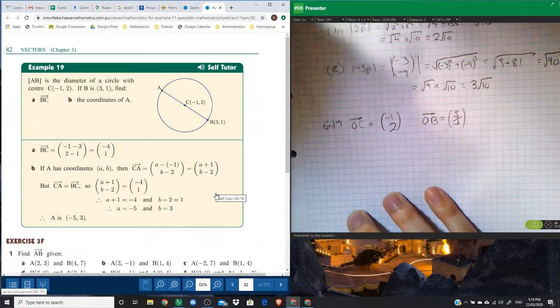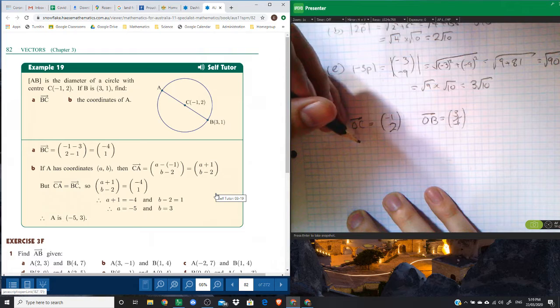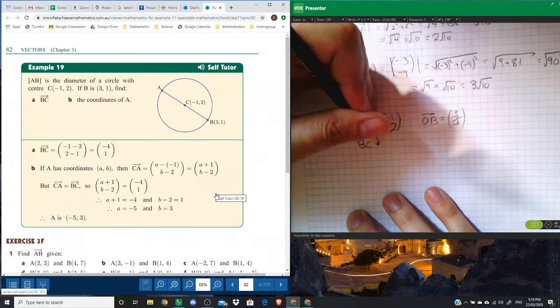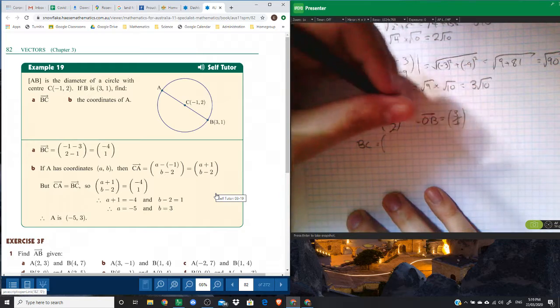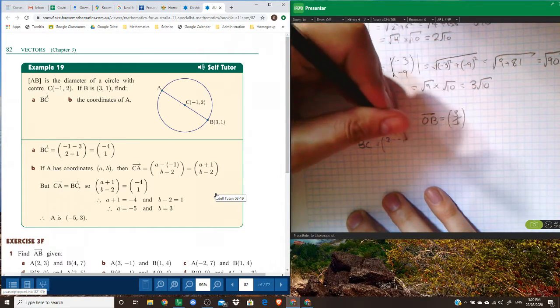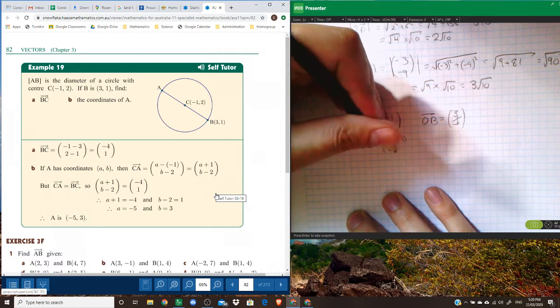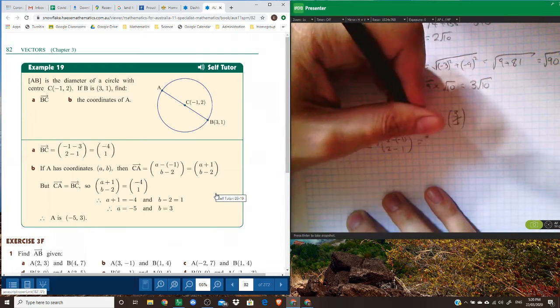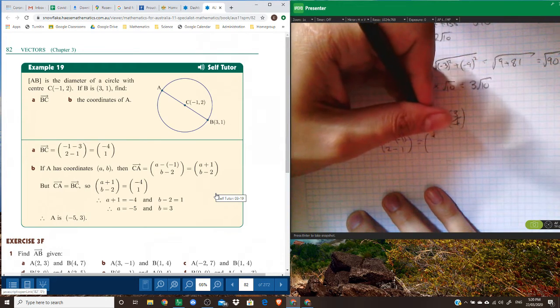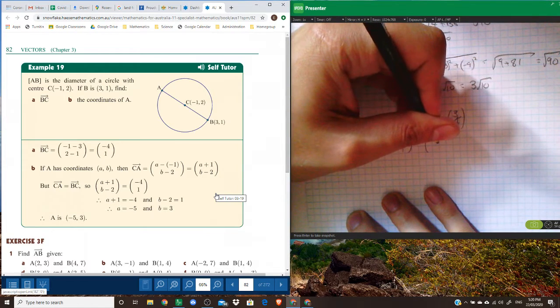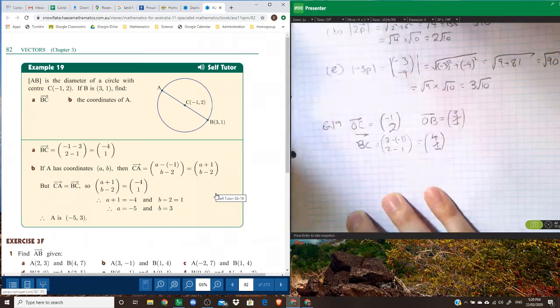So if we say, for example, we went from B to C, we write the last point first, and we subtract the other one. So it'd actually be 3 minus negative 1 over 2 minus 1, so B to C would be 4, 1.